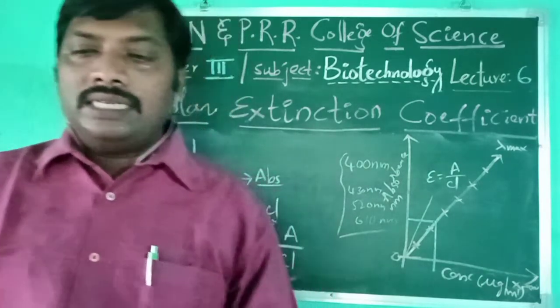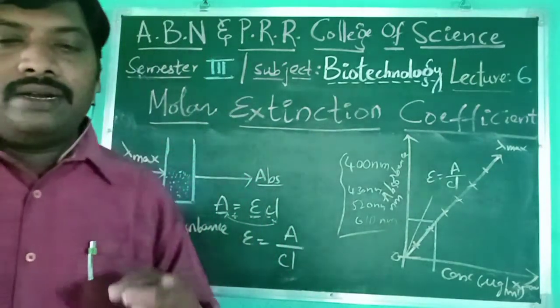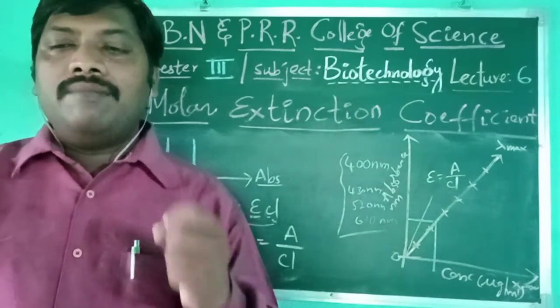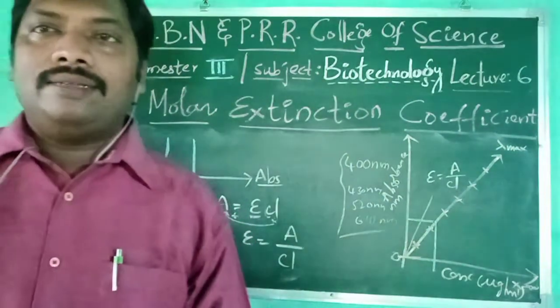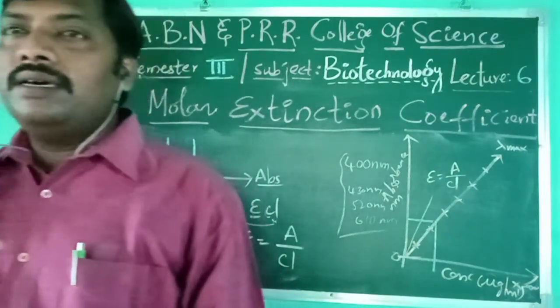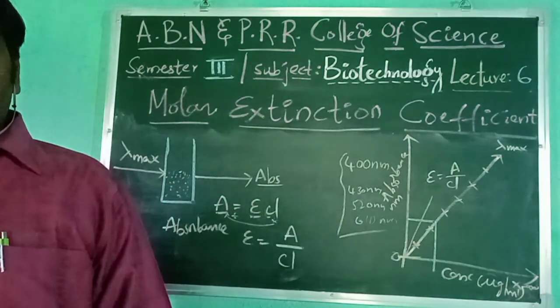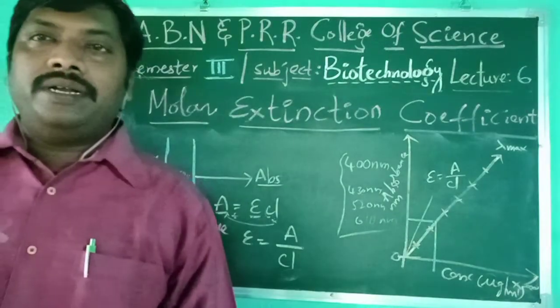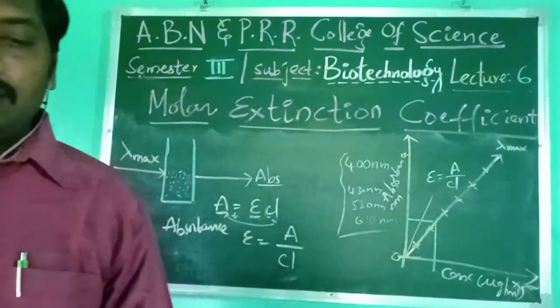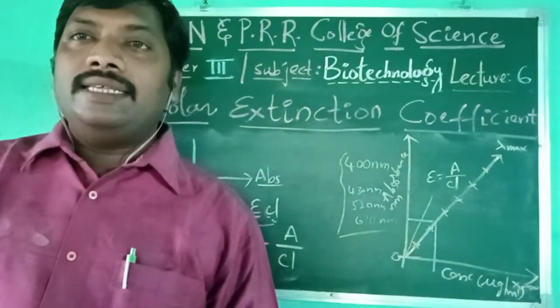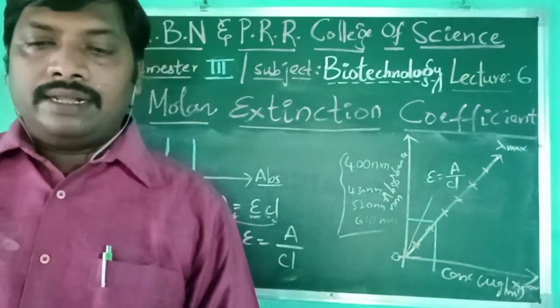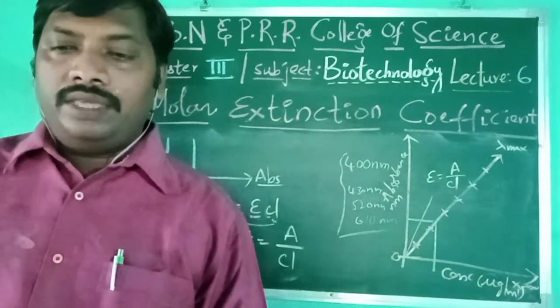This molar extinction coefficient measures how strongly a chemical attenuates light of a specific wavelength. Next, it is an intrinsic property of the material, that is, of the chemicals. The intrinsic property of the material.